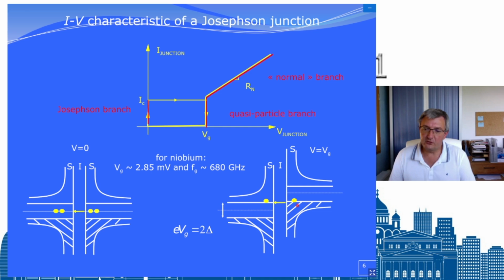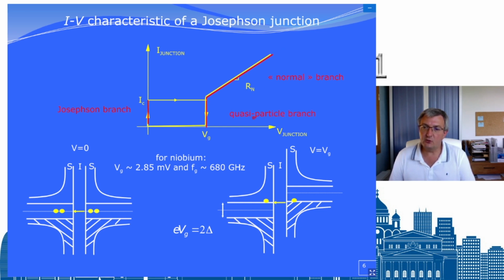But you can have current from this superconductor to this one. And these are quasi-particle currents, and these are associated with the resistance. And this is the sharp increase that you see here when the voltage reaches the gap, when this point is at the voltage of the gap with respect to this superconductor. And here you have this very sharp rise because it's connected to the quasi-infinite density of states.